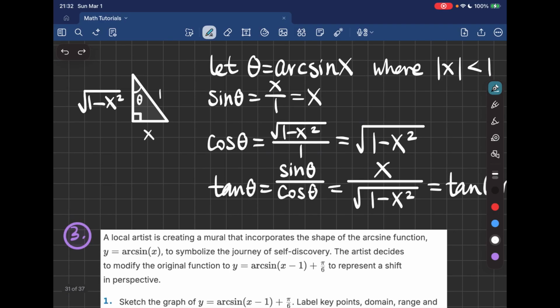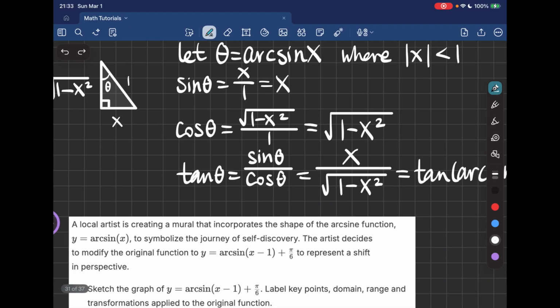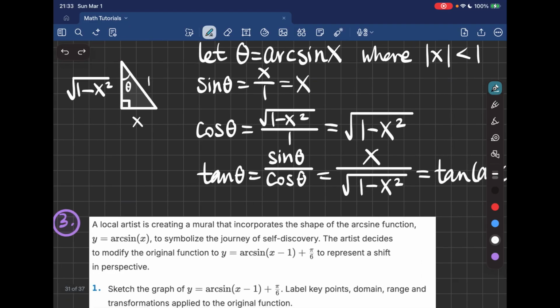So you can use the Pythagorean theorem to get the length of this other leg, which is the square root of 1 minus x to the power of 2. And as for cosine theta, it's just simply this other leg over 1, which is the length of this other leg.